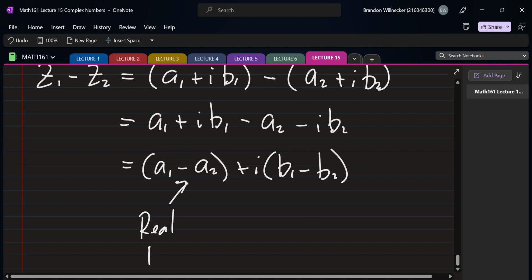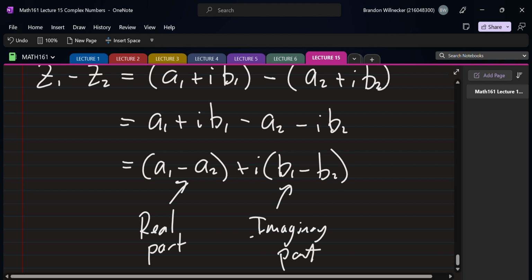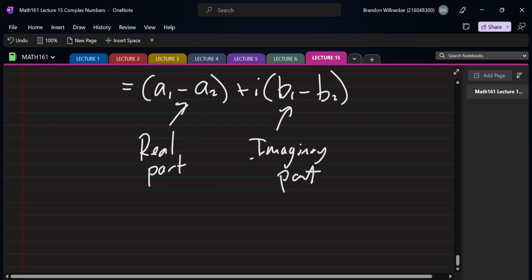So again, we've got the real part, and we've got the imaginary part. But now instead of addition, we have subtraction between them because we have Z1 minus Z2.